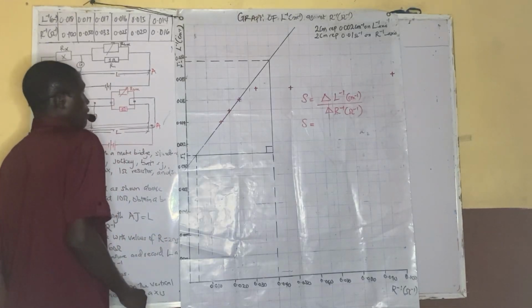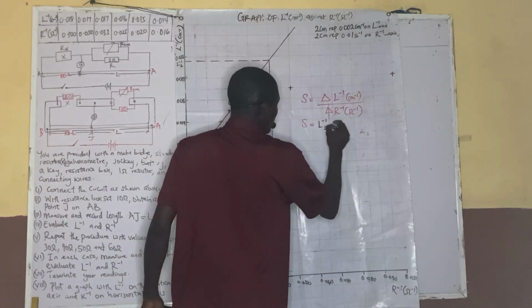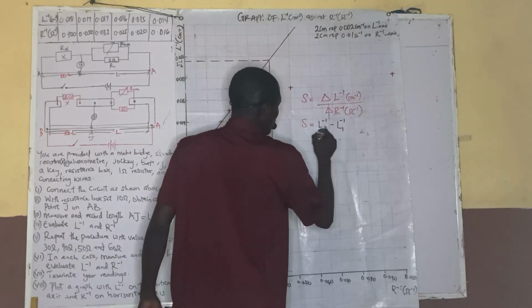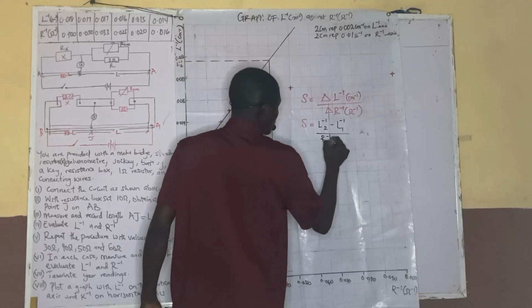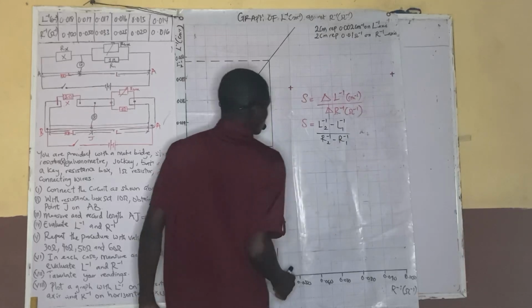So with that, let's write it out. L inverse 2 minus L inverse 1 all over R inverse 2 minus R inverse 1.